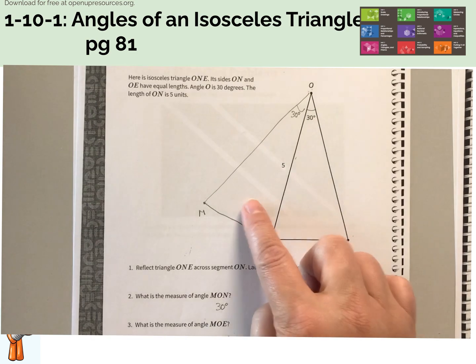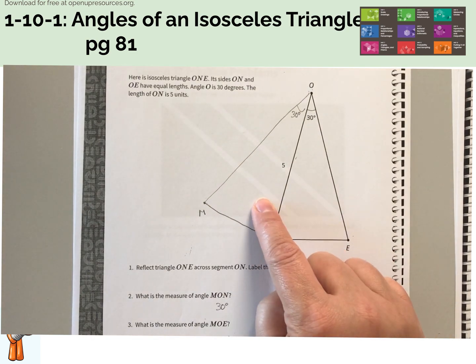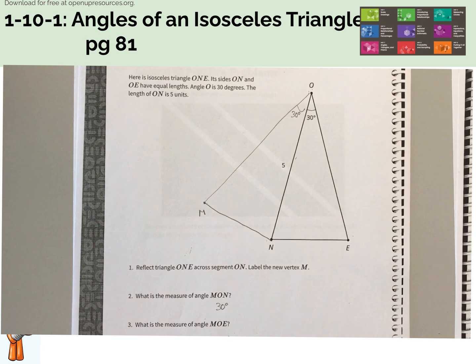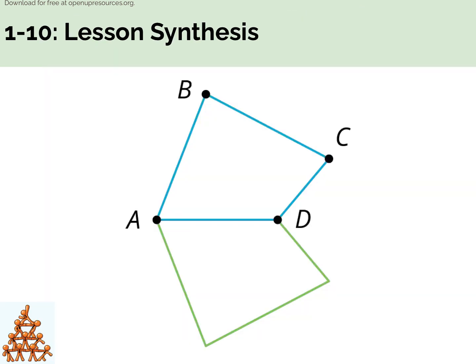It's not going to change the picture; the picture is going to be exactly the same. On here, I reflected the green over AD and made the blue. Those are exactly the same. All the measurements and the angles are the same. So the sides that match up are corresponding sides, and the angles that match up are corresponding angles, and they're going to be exactly the same.